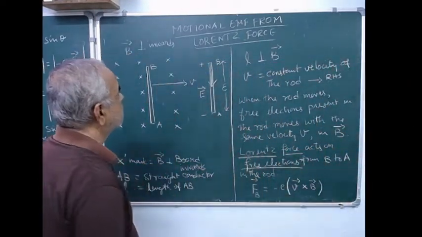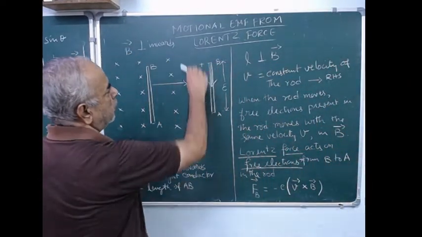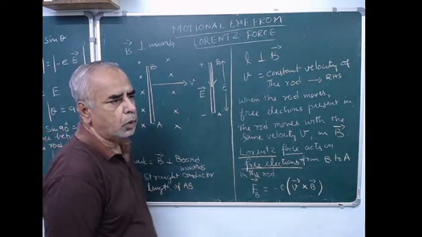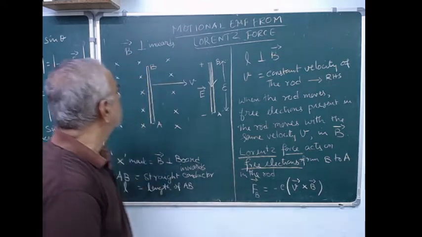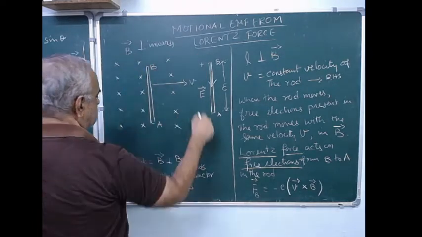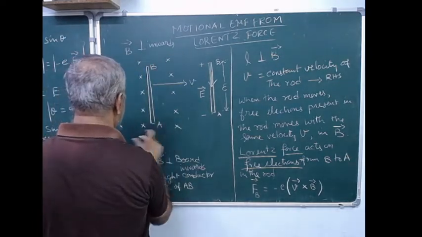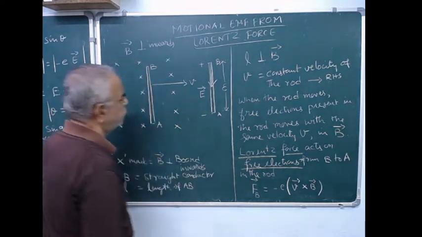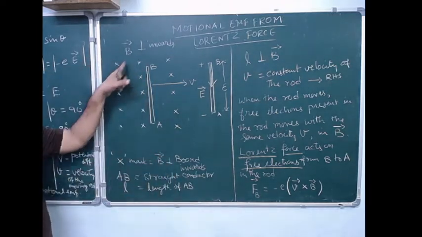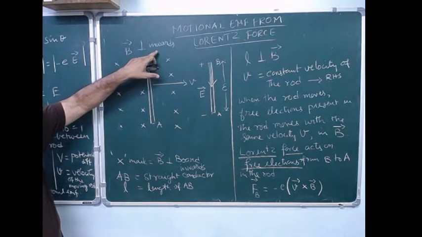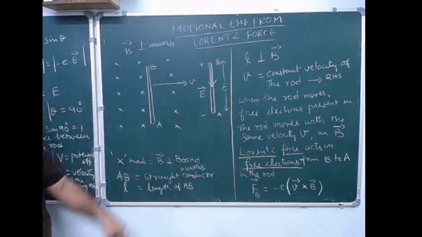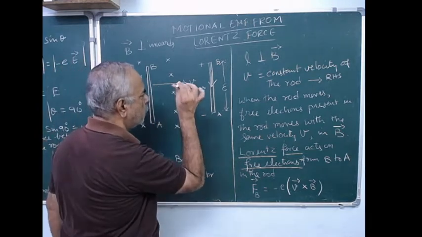Let us now discuss the motional EMF from Lorentz force. Let us consider these cross marks as magnetic field, and the direction is perpendicular inward, that is, it goes inside the board.